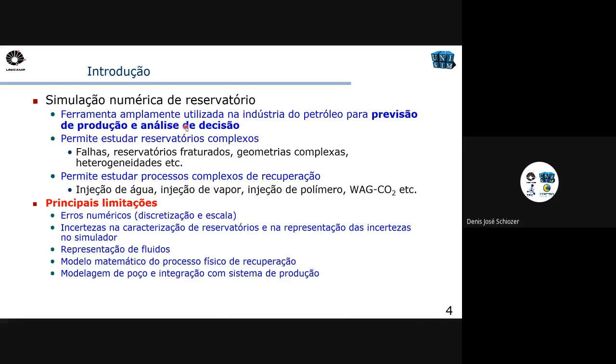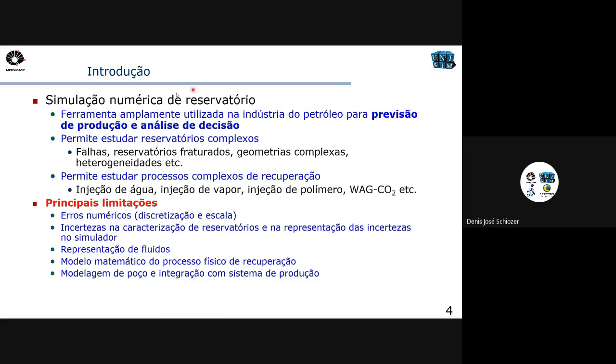There are three main activities that we are going to focus on: the forecast production, including uncertainties, the decision analysis based on models, and also how to improve these models, which is the red part, history match and data assimilation. So these are the three main things that we are going to see in the class.